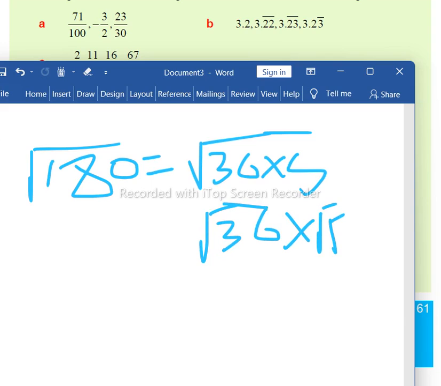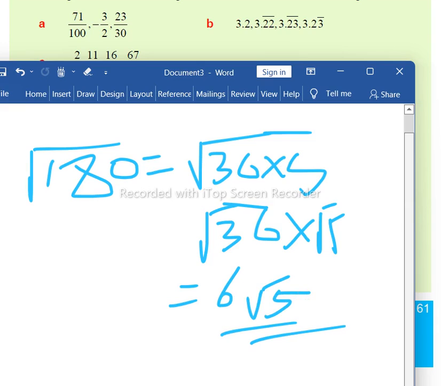The square root of 36 means the same as 6, so the final answer will be the same. So we can do it with a different form but the answer is the same.